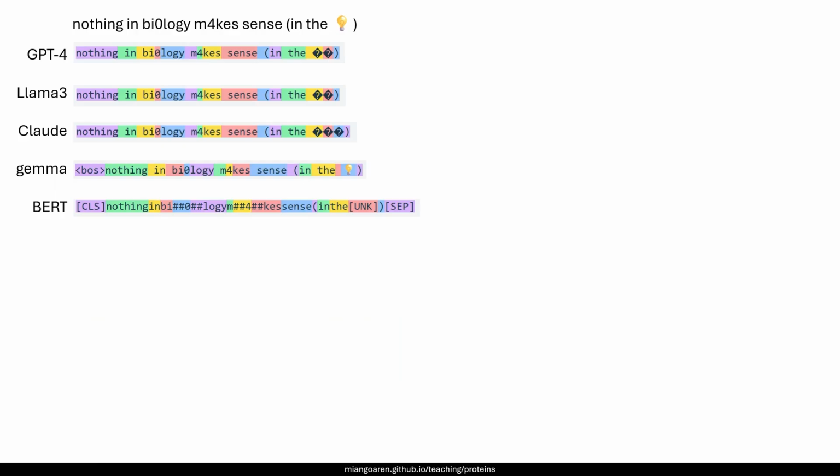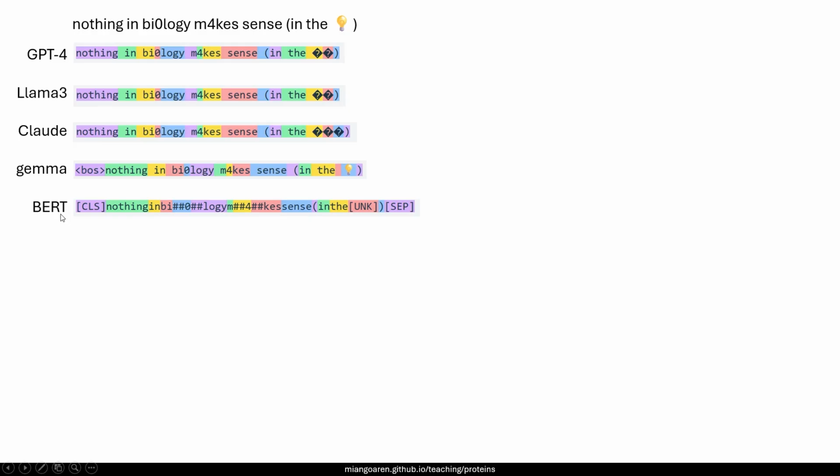Here you can see how different modern language models based on transformer-type neural networks tokenize the phrase "nothing in biology makes sense except in light of evolution", with an emoji of a light bulb. As you can see, the tokenizers associated with each of these models do it in a very different way.